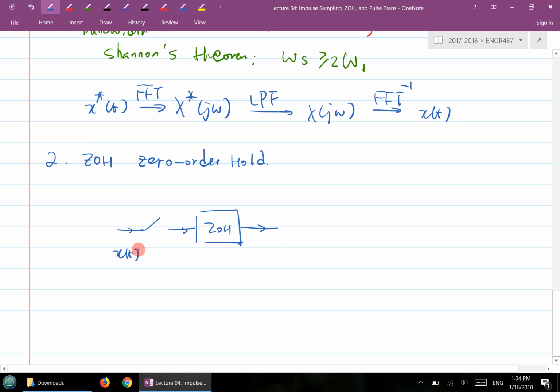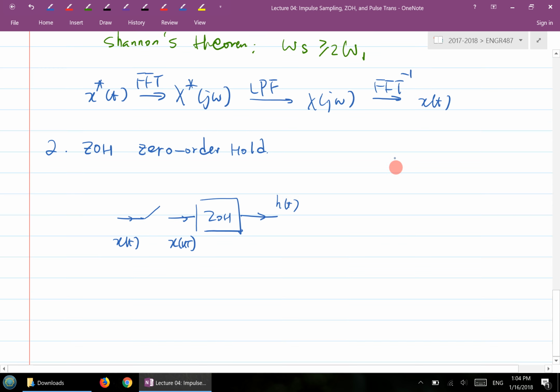So here's the illustration. If you have x of t, if I use this sampler as the simplest digital control, there's actually no control here. You just sample it, and you can let it pass through this zero order hold, and you come up with some kind of continuous signal now, right?